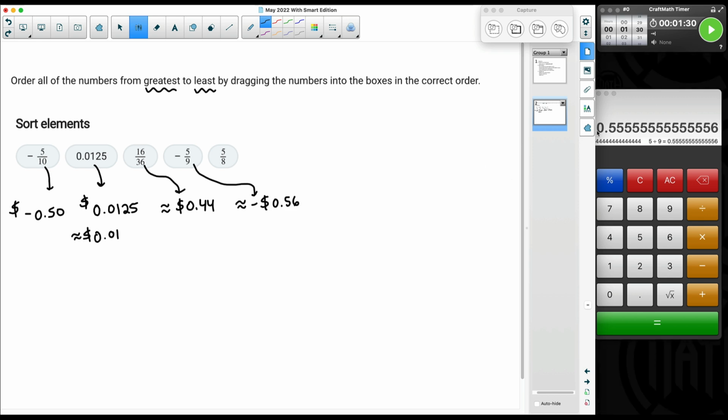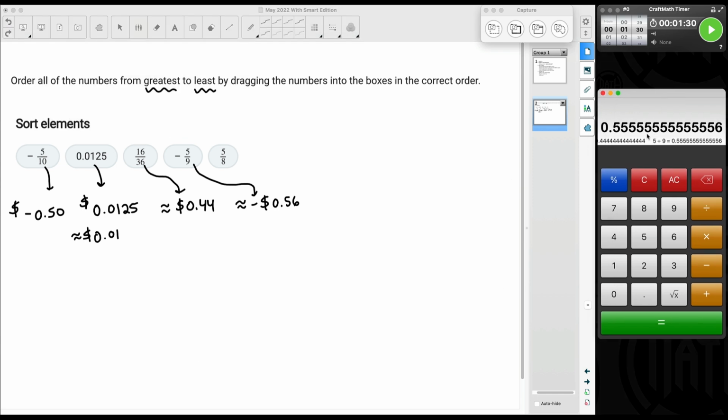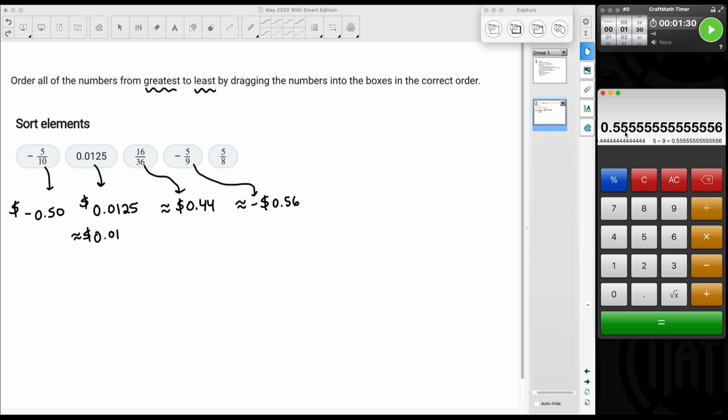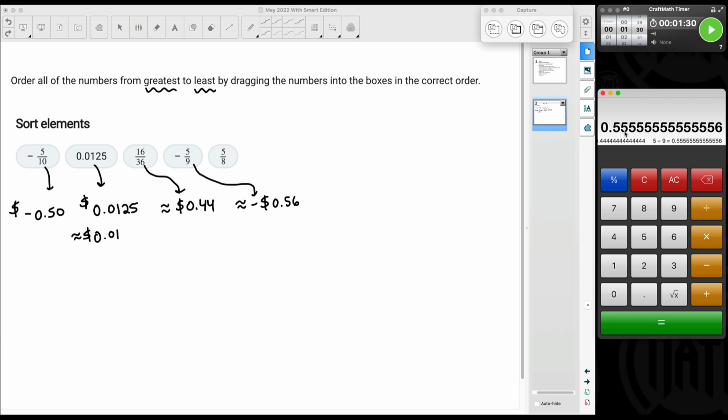I know you see a bunch of 5s, but if you round to the nearest cent, which is what computers do all the time when you're checking out groceries or if you're buying a dinner or whatever, that hundredths place, the nearest cent is always rounded. So that's roughly -56 cents.